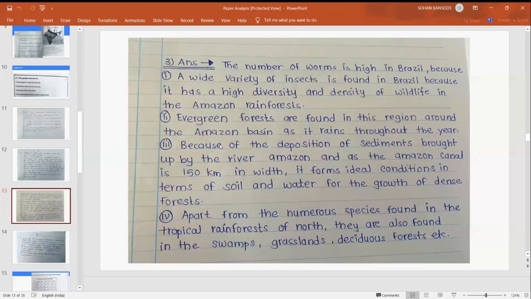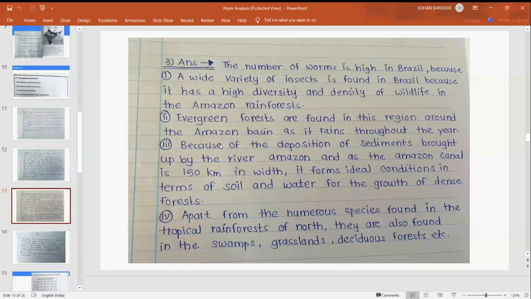Second point is, evergreen forests are found in this region around the Amazon basin as it rains throughout the year, and because of the deposition of sediments brought by the river Amazon, and as the Amazon channel is 150 km in width, it forms ideal conditions in terms of soil and water for the growth of dense forests. Last one is, apart from the numerous species found in the tropical rainforest of the north, they are also found in swamps, grasslands, deciduous forests, etc.